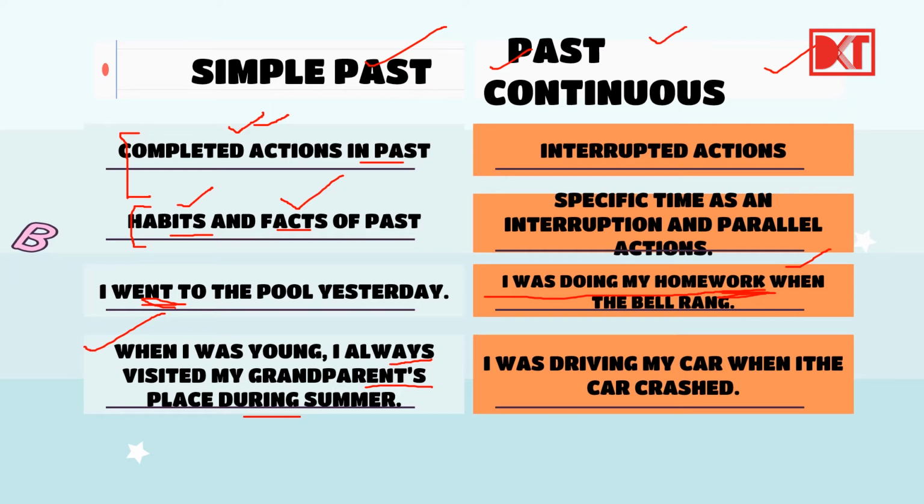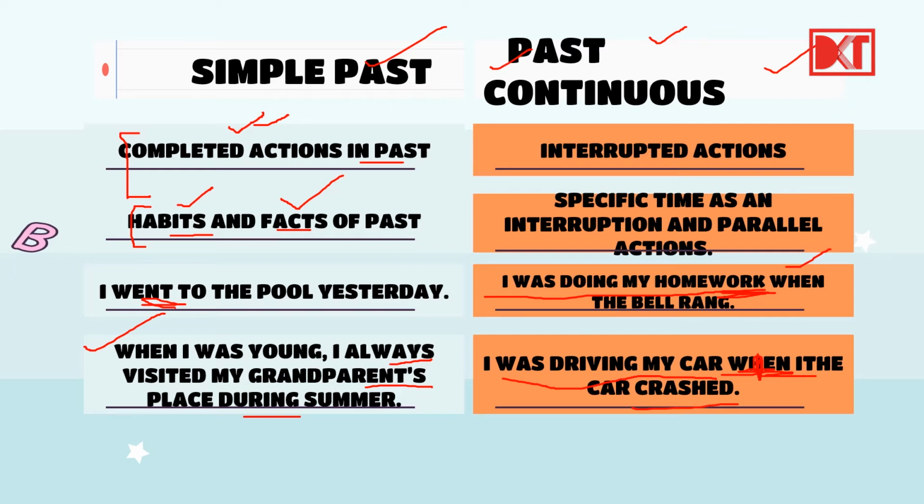Right? Then the other one, I was driving my car when the car crashed. So मैं अपनी car drive कर रही थी. This is also past continuous. और फिर क्या हुआ? वो action interrupt हुआ, एक parallel action हुआ, which is when the car crashed.